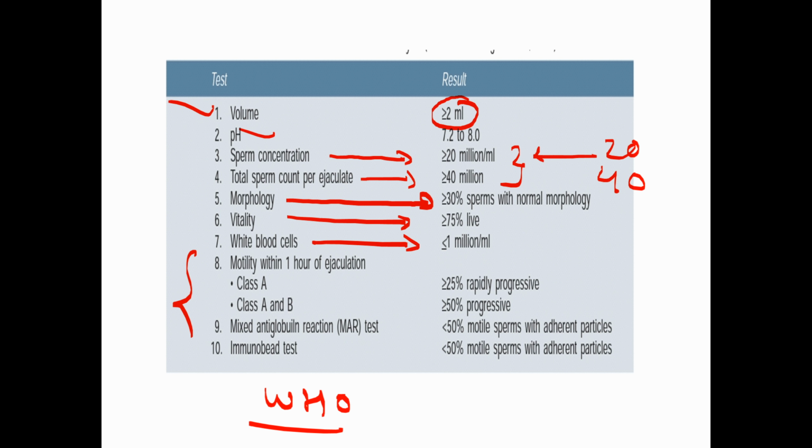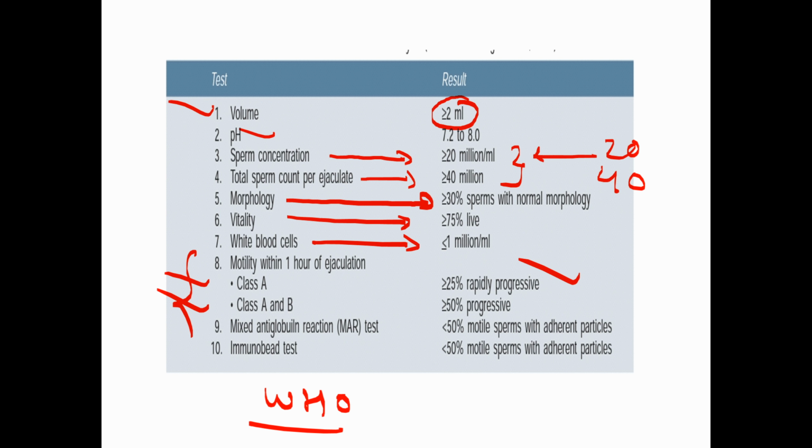WHO divides motility into two classes: class 1, and combined class 1 and class 2. Class 1 is the rapidly progressive sperm, which run in one particular direction, in linear motion. If it is moving to the right, it moves linearly toward the right. If it is moving to the left, it moves linearly in the left direction.